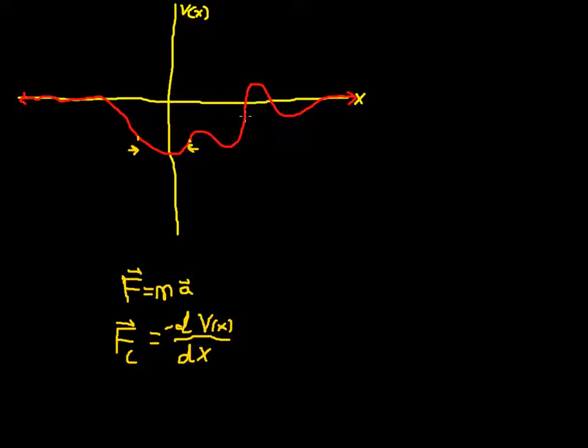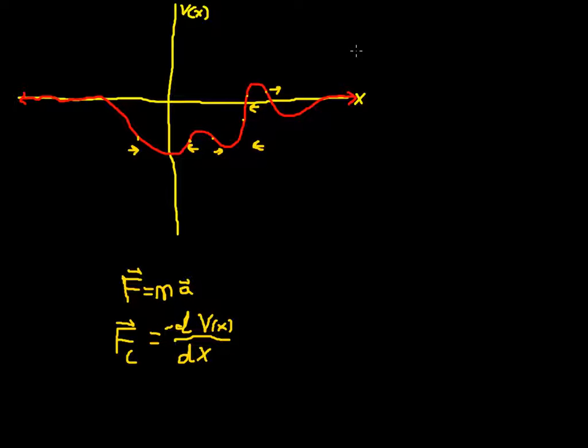Over here, it's really, really positive, so it's going to be high force, but still negative direction. Over here, it's a negative slope, so positive direction. Right here, force is pointing this way. Right here, force is pointing this way.